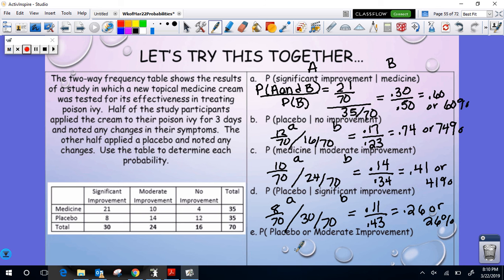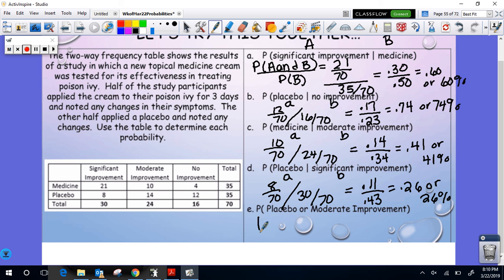And then we have placebo or moderate improvement. So this is not a conditional probability. This is an or. So we're going to do the formula for that. The formula for the or: the probability of A or B tells you to do the probability of the first event plus the probability of the second event minus the probability of both events happening together.